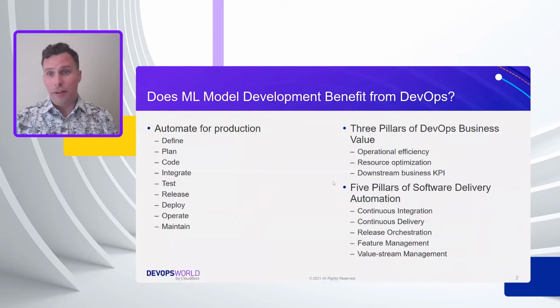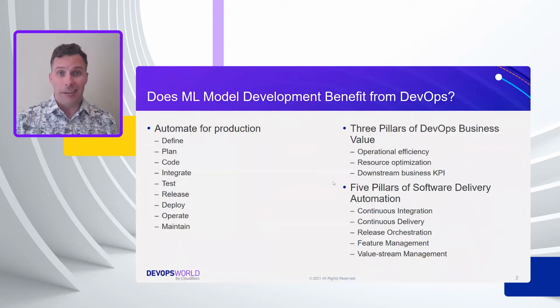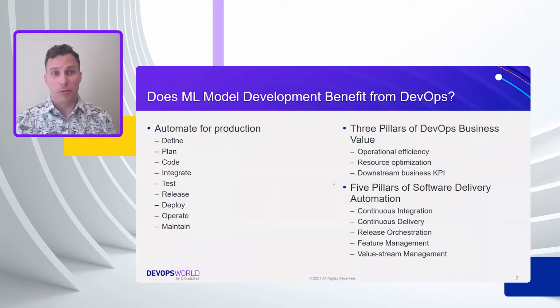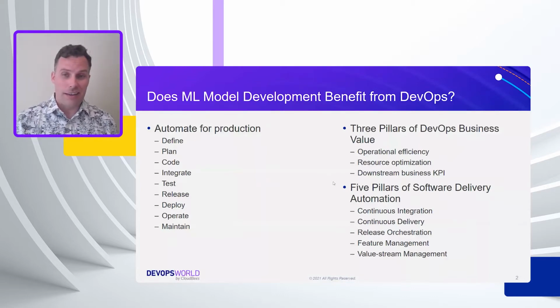Looking at the three pillars of DevOps business value, it's about reducing cost, reducing redundancy, making it to where you can move from the keyboard to the customer as fast as possible, keeping and improving the KPIs of what your business is trying to achieve.